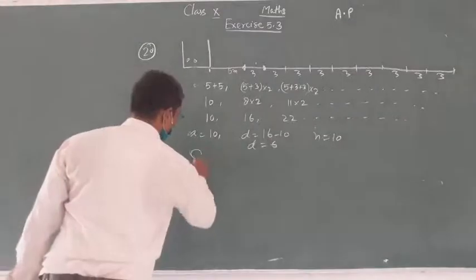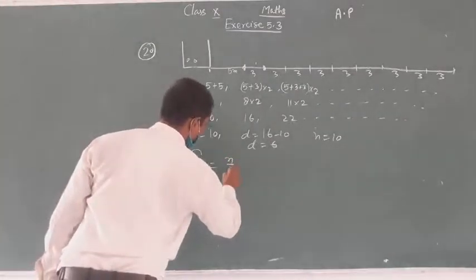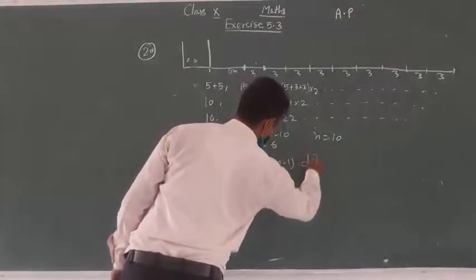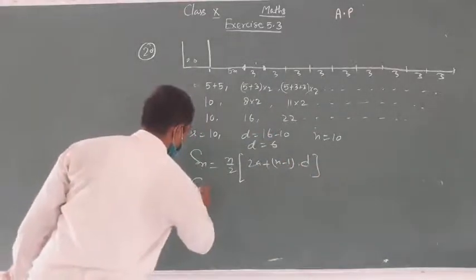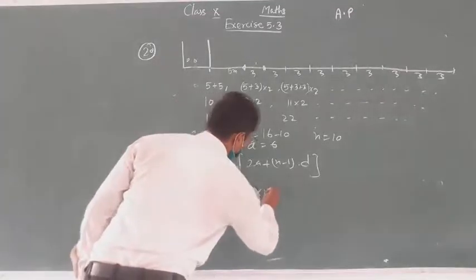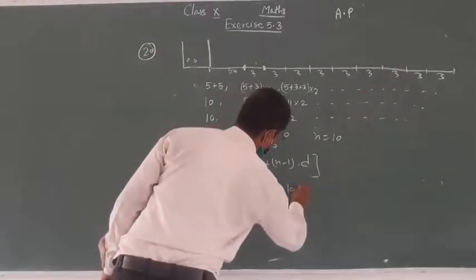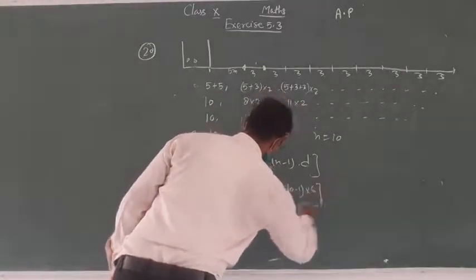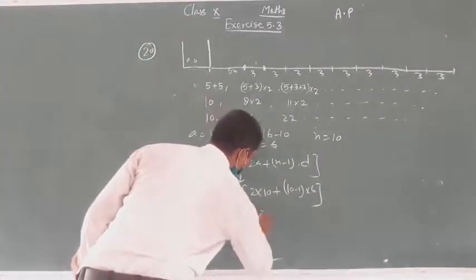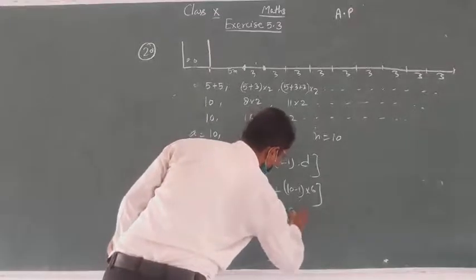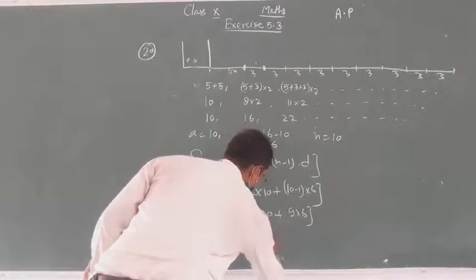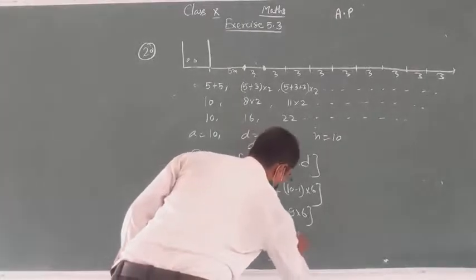So now Sn is equal to n by 2 into 2a plus n minus 1 into d. So now put here S10 is equal to 10 upon 2 into 2 times 10 plus 10 minus 1 into 6. Divide 10 by 2, that is 5, into 20 plus 9 into 6, which is equal to 5 into 20 plus 54.